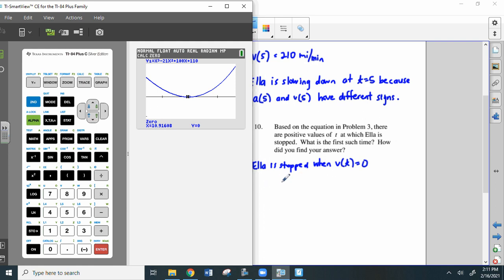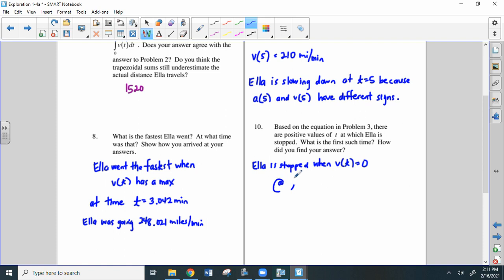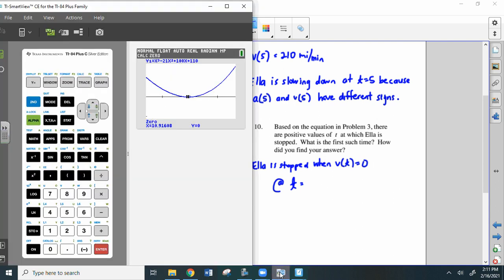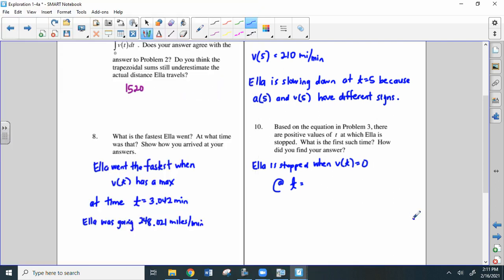All right, so this happens at t equals 10.916 minutes. Okay, and how did we find their answer? We literally, and we kind of already wrote it, we found when v of t equals 0.